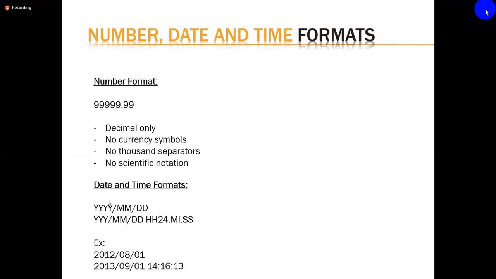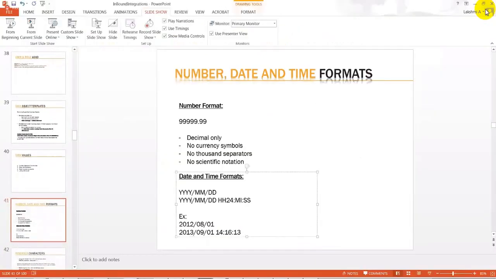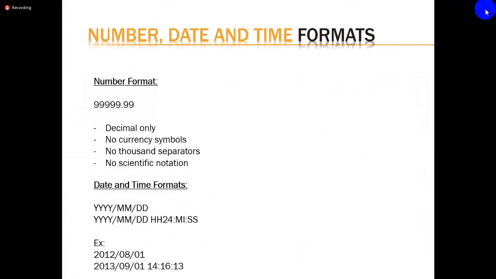Similarly, for date and time format, you have to strictly give the date format as YYYY/MM/DD. If you change the date format, it will error out. So make sure the HDL date format is in this syntax. And for the timestamp, you have to give the data as YYYY/MM/DD, with hours in 24-hour format, then minutes and seconds.